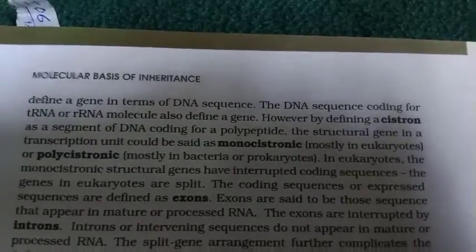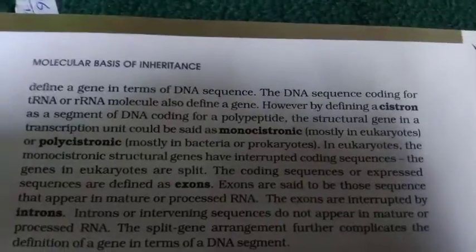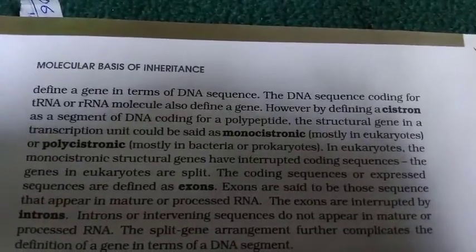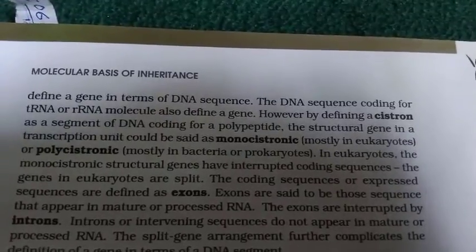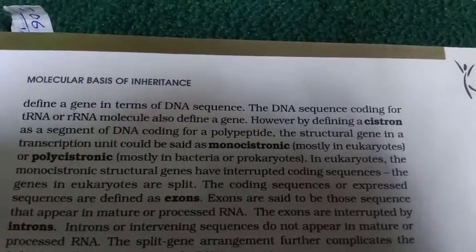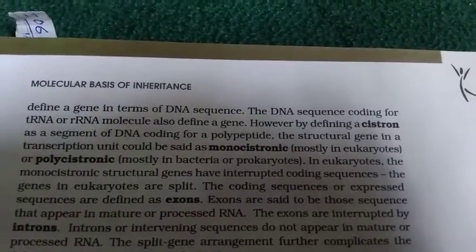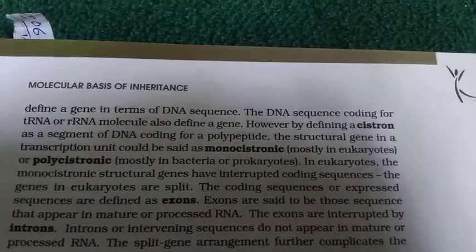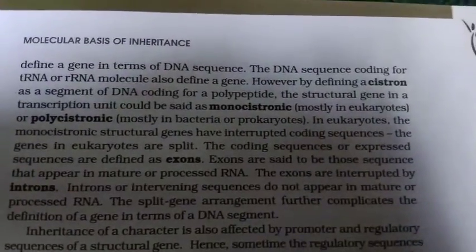Introns, or intervening sequences, do not appear in the mature or processed RNA. So it is only the exons which are expressed, whereas the introns are the intervening sequences which do not appear in mature or processed RNA.